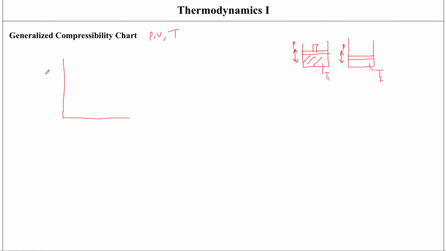Now, when I've measured pressure and specific volume, and I know the temperature because I'm holding it constant, I can work out a ratio of the form PV divided by T. Instead of specific volume, I could use V dash, which is basically volume per mole. It's just in terms of the molar basis.